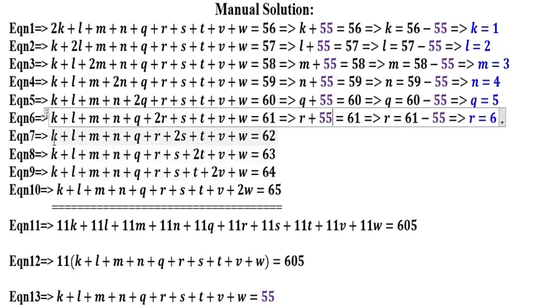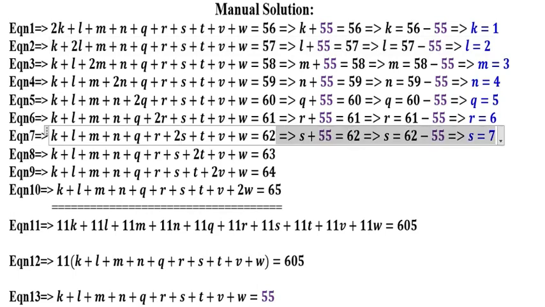Then compare equation 7 to equation 13. They are the same except equation 7 has one extra s. That means equation 7 is s plus 55 and it is equal to 62. That means s equals 62 minus 55, s equal to 7.